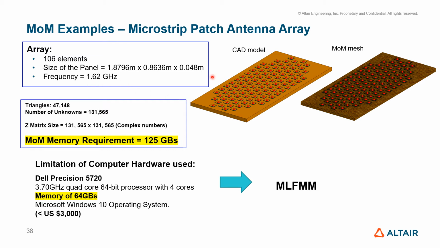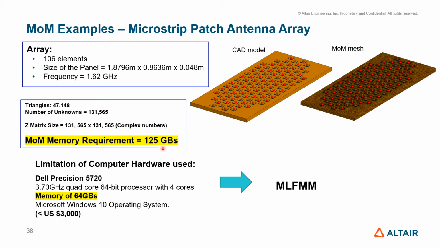If you mesh this whole panel with the triangular surface mesh, it results in 47,148 triangles, which amounts to 131,565 unknowns. As we have seen before, this is an n by n matrix of complex numbers, a complete matrix that requires a memory of 125 gigabytes.